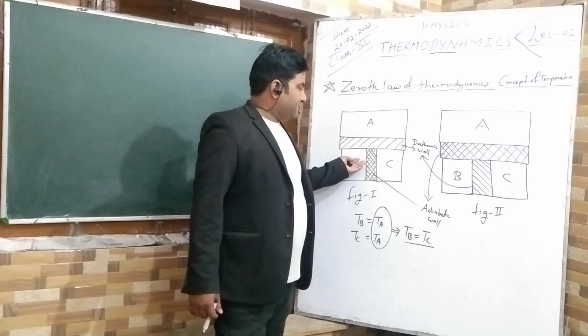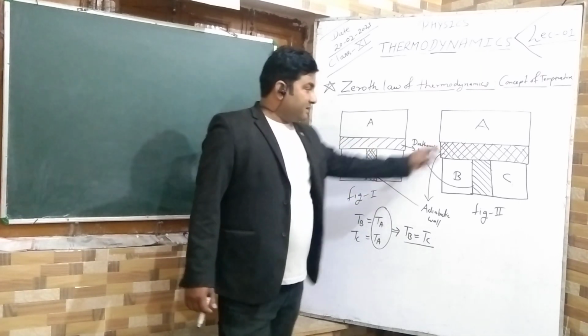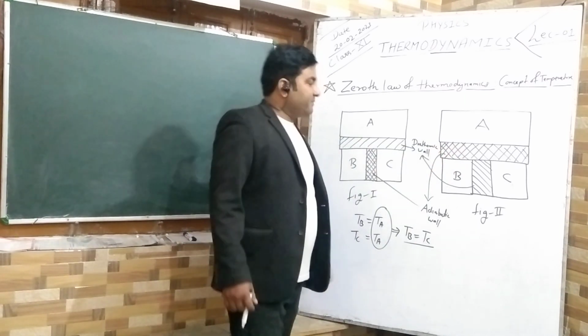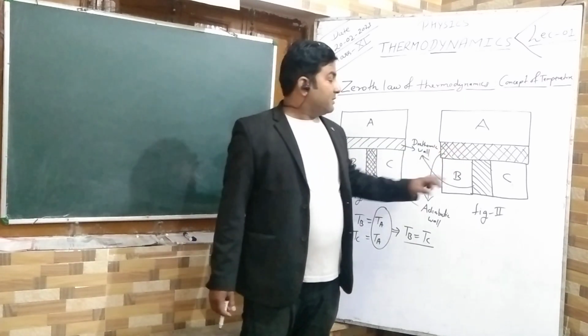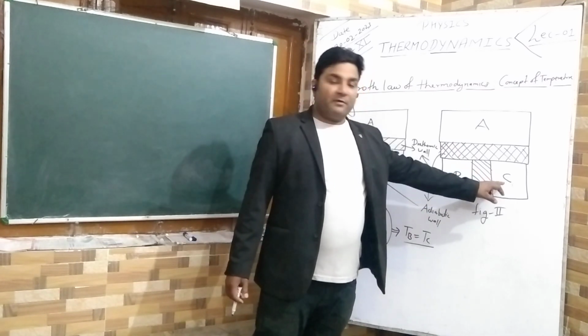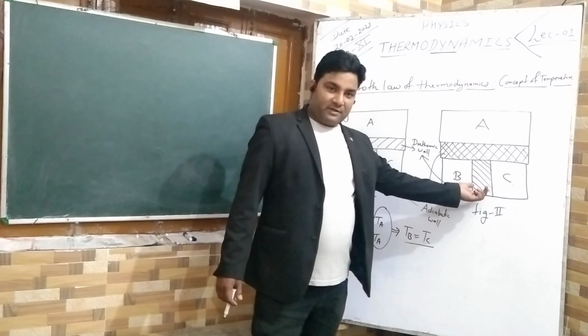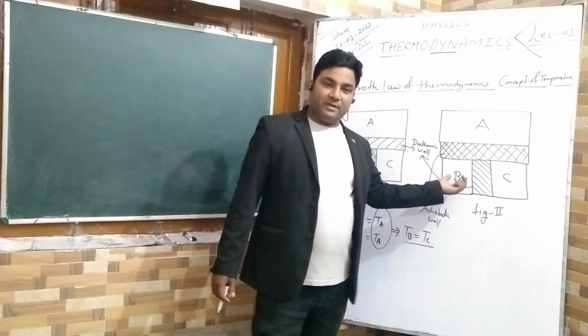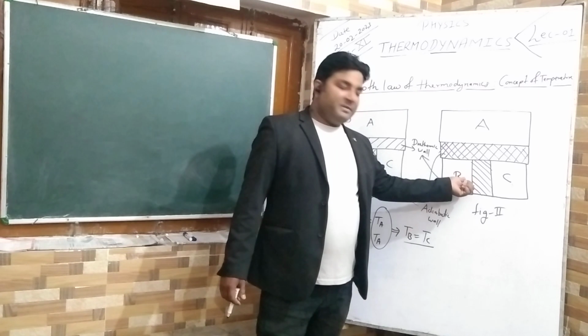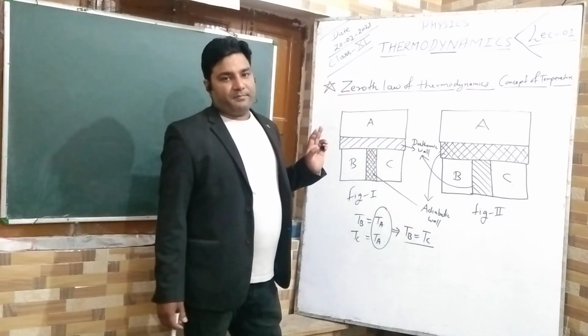Just after some time, when the diathermic wall and adiabatic wall are replaced, then it is obtained that there is no transfer of heat from either B to C or from C to B. But here the chance is available for transferring heat from B to C or C to B. But already B and C are in thermal equilibrium with this configuration.